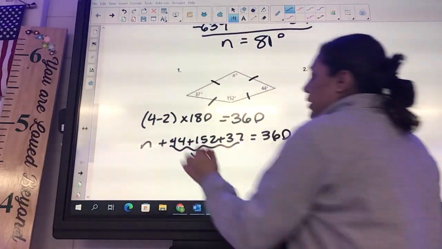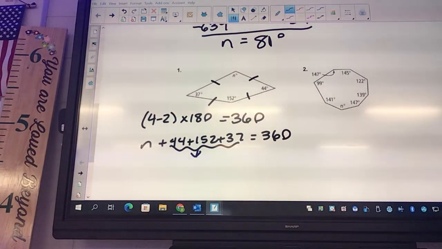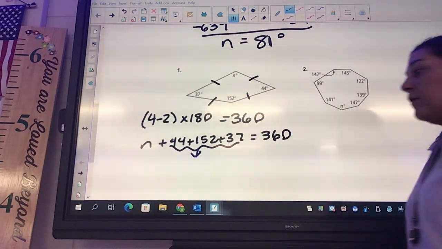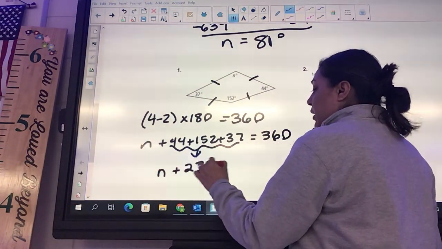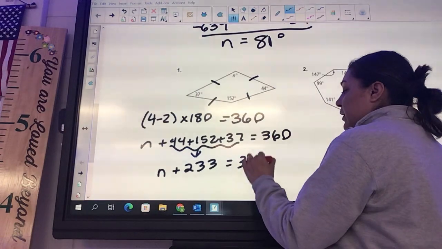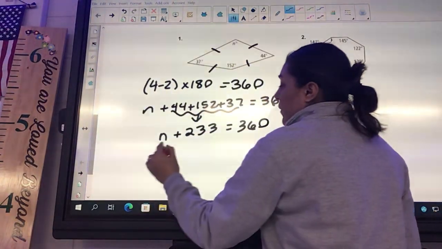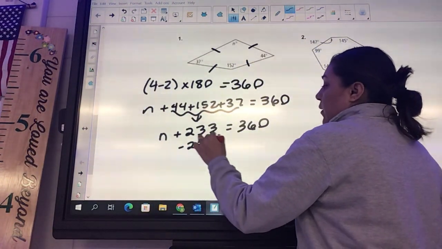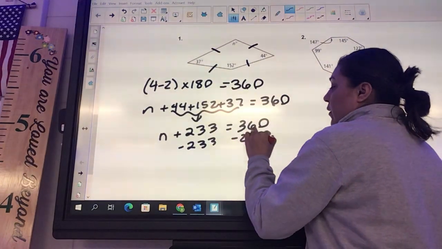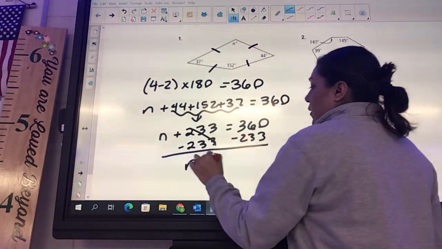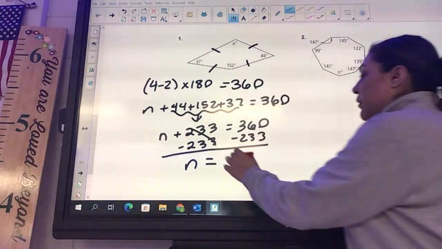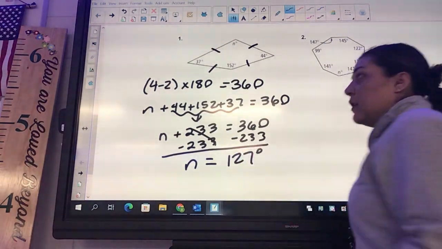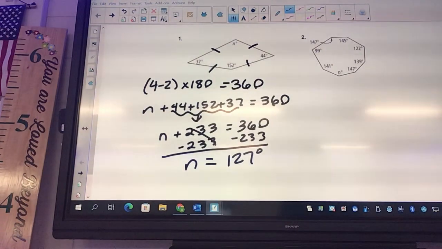Combine these ones. So n plus 233 equals 360. Minus 233, 127 degrees. Does that make sense what we're doing?